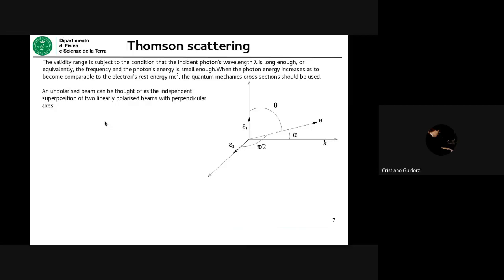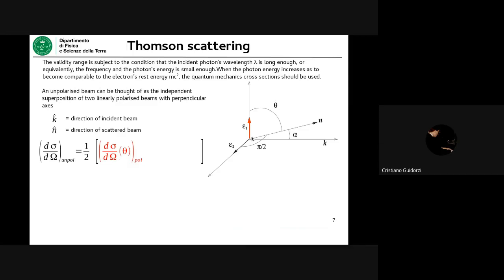So you can wonder, having called k the unit vector corresponding to the direction of propagation and n the unit vector corresponding to a generic direction of the scattered radiation, you can describe the resulting differential cross-section of the unpolarized wave as the sum of the two contributions. Given that they are equal contributions, because no one is taking over the other, it's just 1/2 of the sum of the two cross-sections.